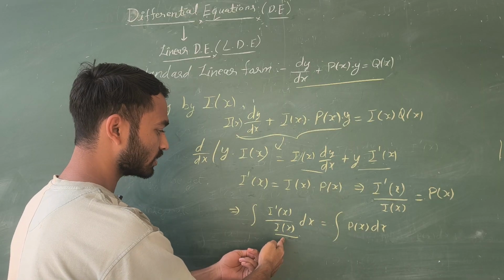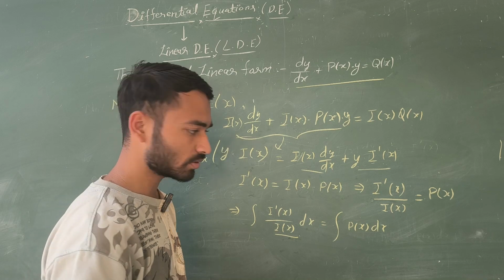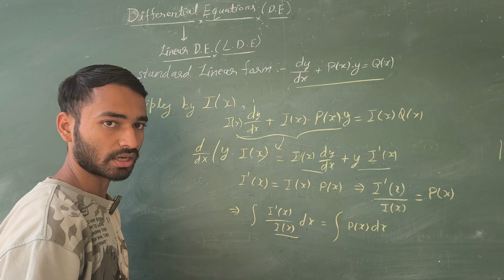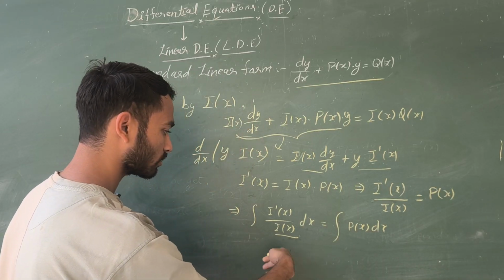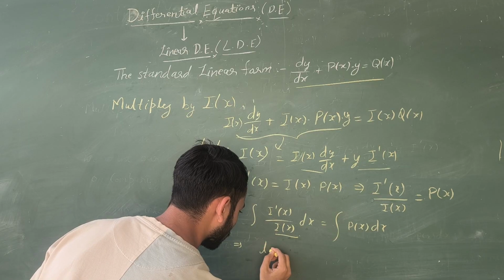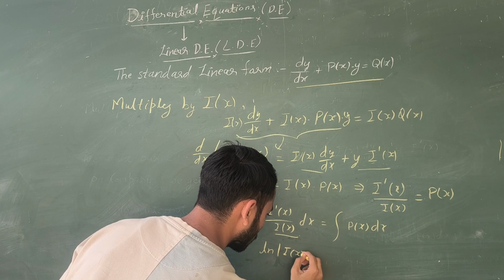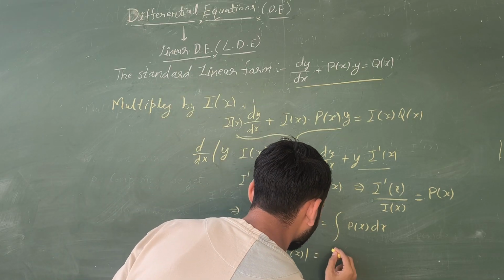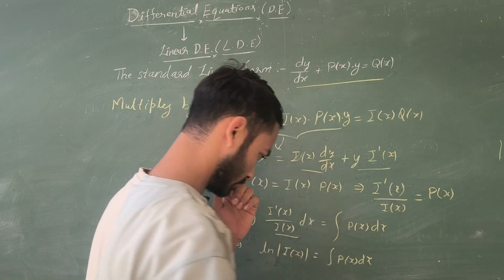If we take I(x) to be t, its derivative times dx will be dt. So by simple substitution we get dt by t, and what is the integration of dt by t? Log t, and again we can replace the t with I(x). So simply we can say ln mod I(x) is equal to the integration of P(x) dx.